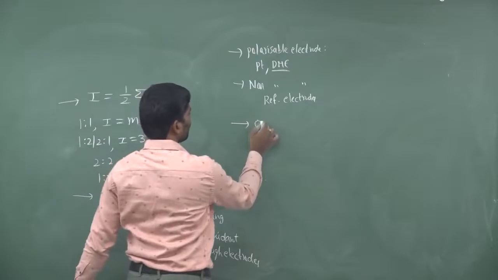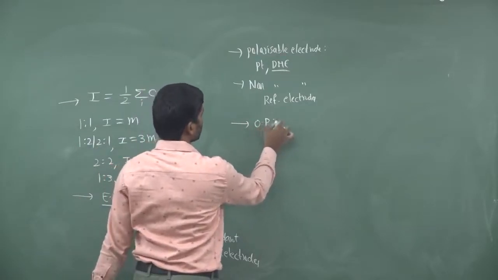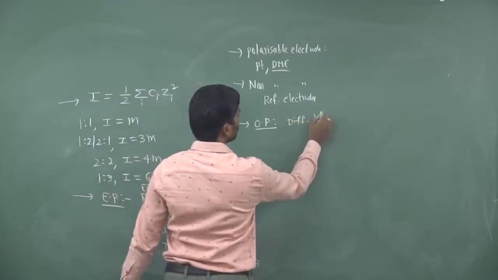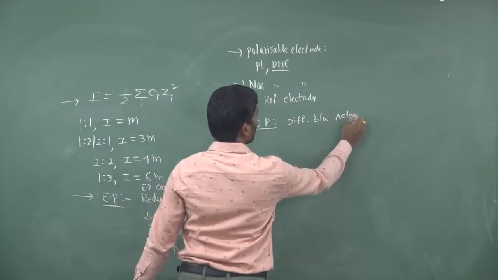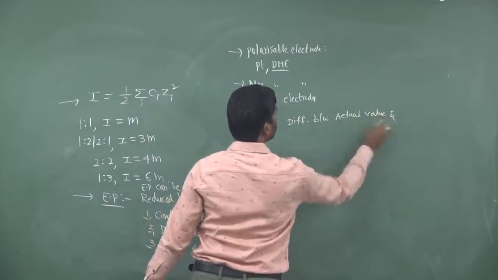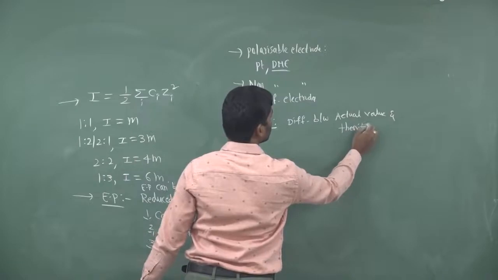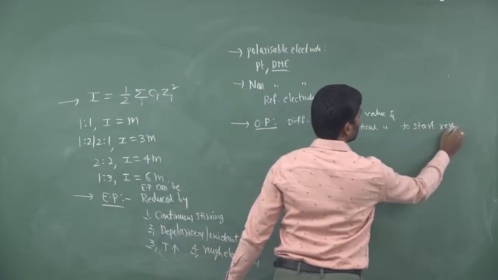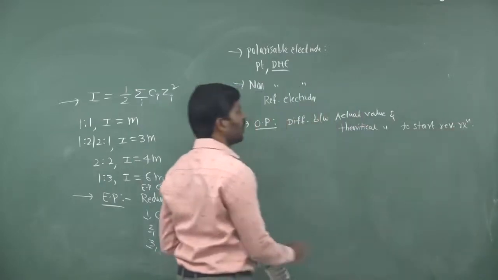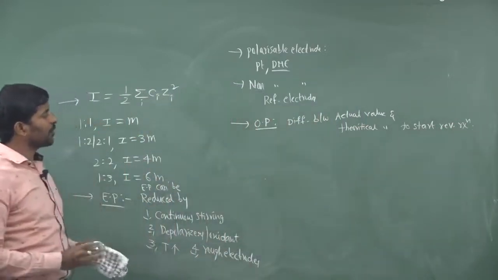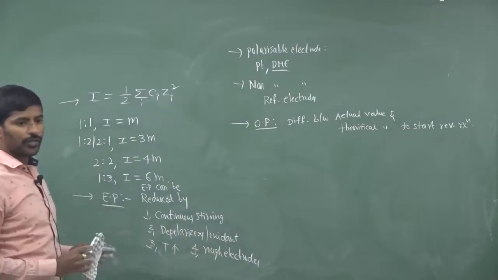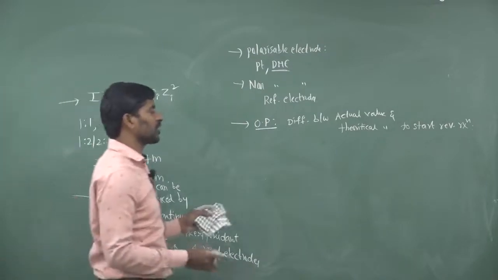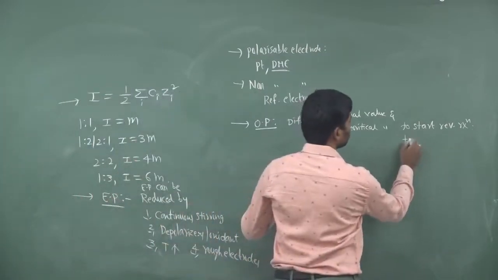Next one, overpotential. Overpotential is nothing but the difference between what? The difference between the actual value and the theoretical value to start the reverse reaction, or to deposit ions.